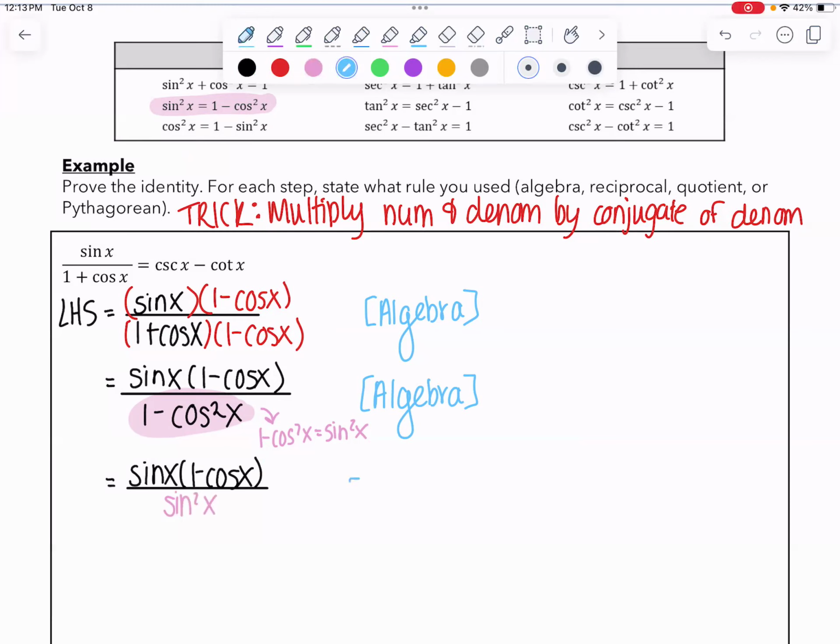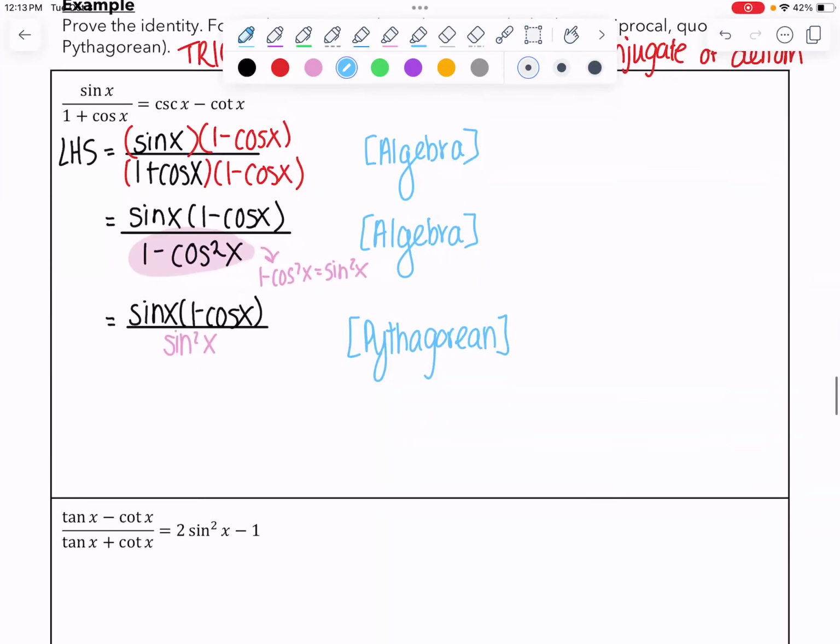This was a Pythagorean identity. From here, I know one of these sines will cancel, so I'm left with 1 minus cosine x divided by sine x. That's algebra.